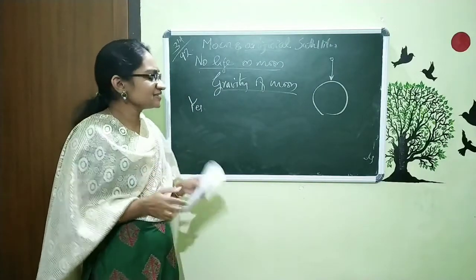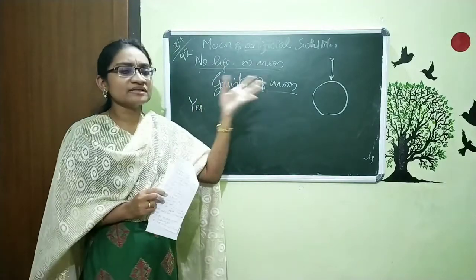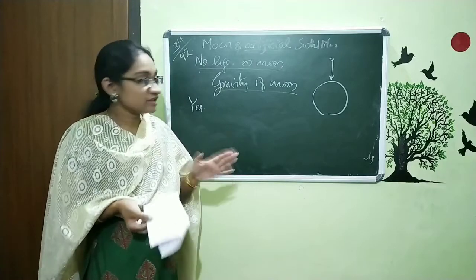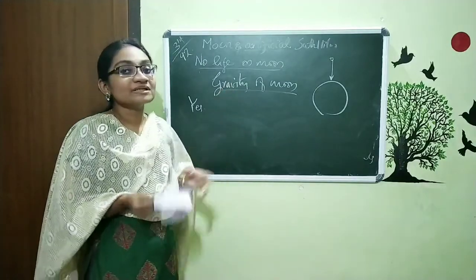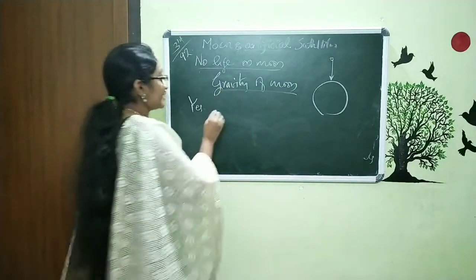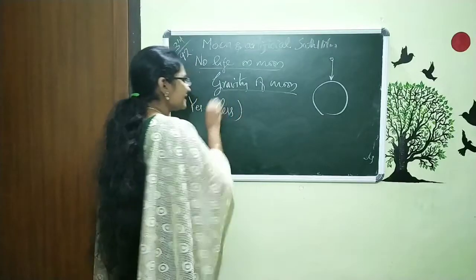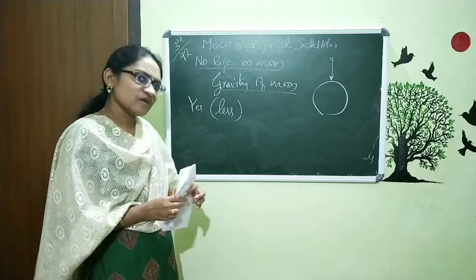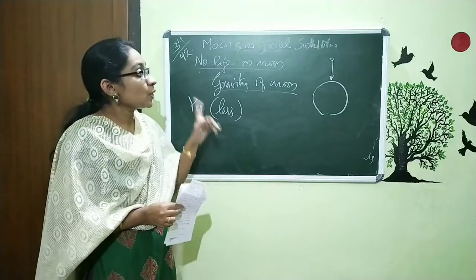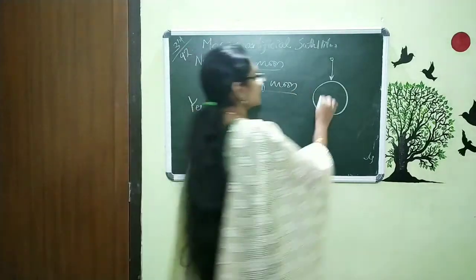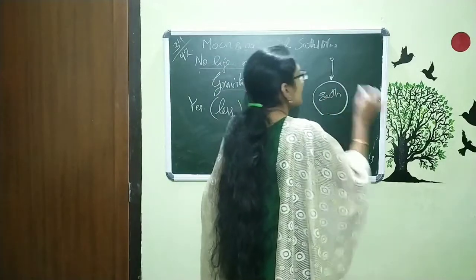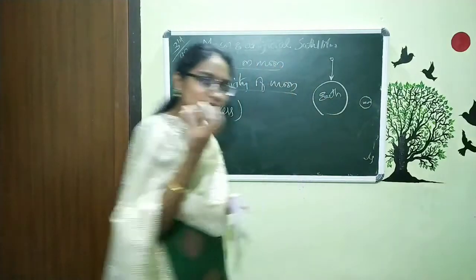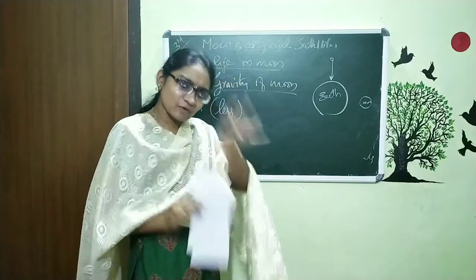But the question is this: are the gravity of earth and gravity of moon the same quantity? No, the answer is no. For the moon, the gravity is less than our earth. It is very less. Why is it less? The reason is that, compared to our earth, our moon is small. Moon has very small mass. That means moon is small.